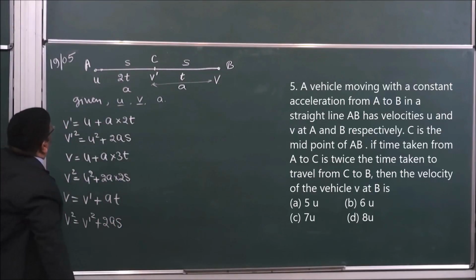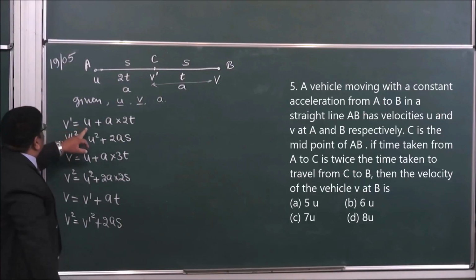Now we can find the value. What are we supposed to find out? We are supposed to find out v dash only. That means we must express v dash in terms of u. So somehow we should find a and t in terms of u.